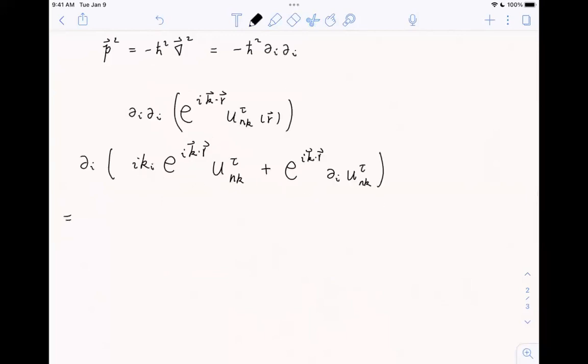Then you're going to do the derivative one more time, and then you apply again on the other side.